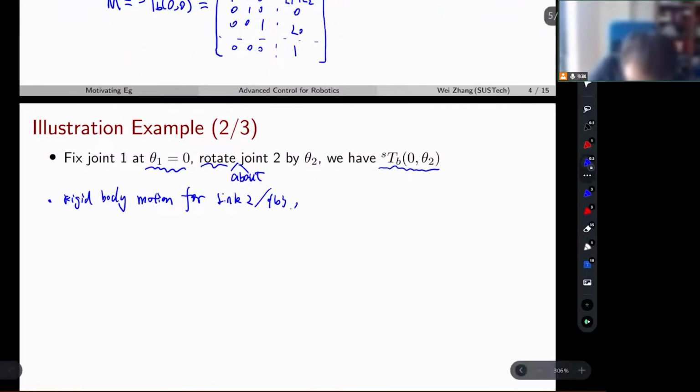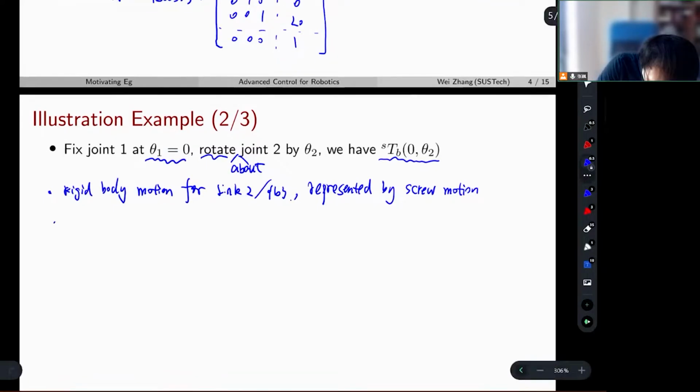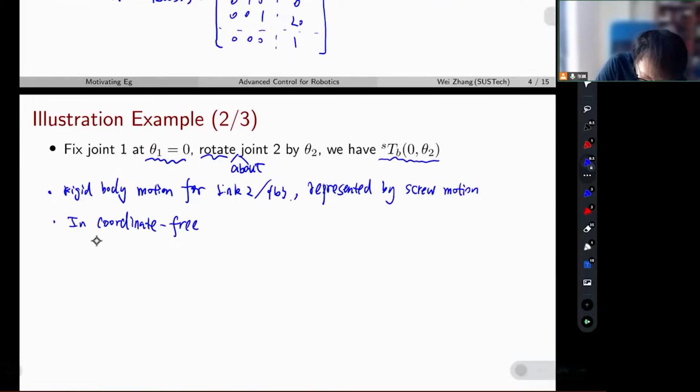Okay, and I would say this rigid body motion can be represented by a screw motion. This is a trivial screw motion, which only involves rotation, right? So in coordinate free, whenever possible, I ask you to think about things in a coordinate free way.